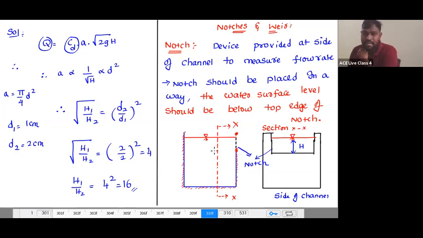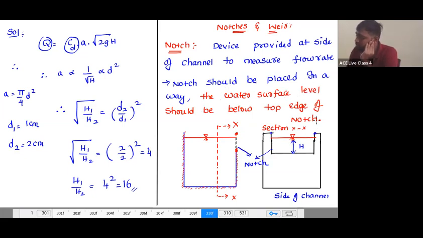So in the case of the channel, a notch is a device provided at the side of the channel to measure the flow rate. If you look at the side of the channel, in that side, this is nothing but the notch. And a notch should be placed in such a way that the water surface level is below the top edge.